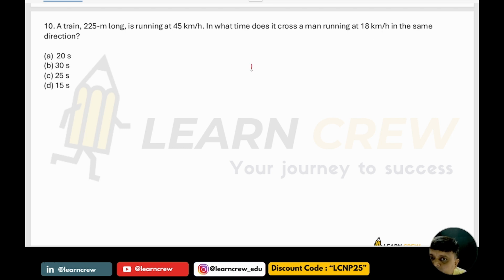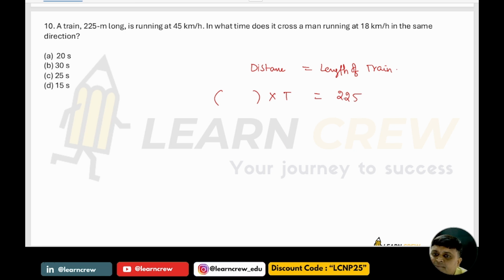Here the distance covered by the train is equal to its own length, and distance is speed into time. We have to find the time. The length of the train is already given as 225.